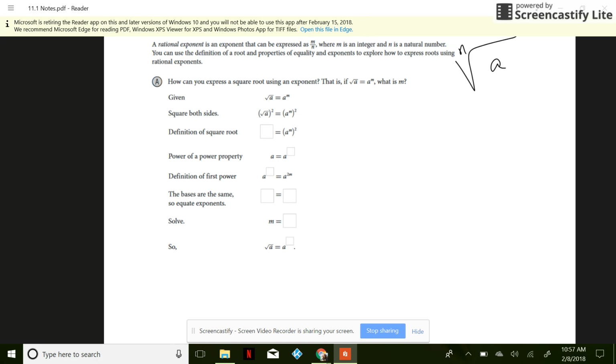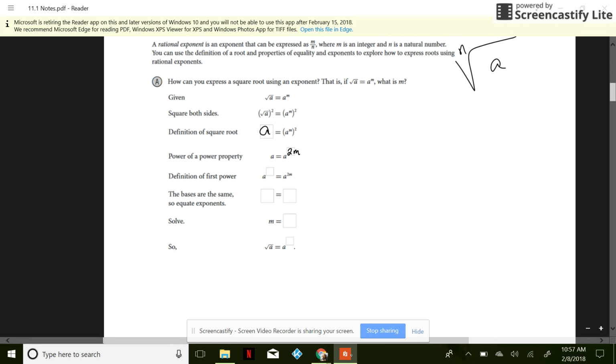If we're trying to get a by itself, we can square both sides. The square root of a squared ends up being just a. The power of a power property says when you raise a power to another power, you multiply those powers. So a to the m, to the 2 power, gives a to the 2m.